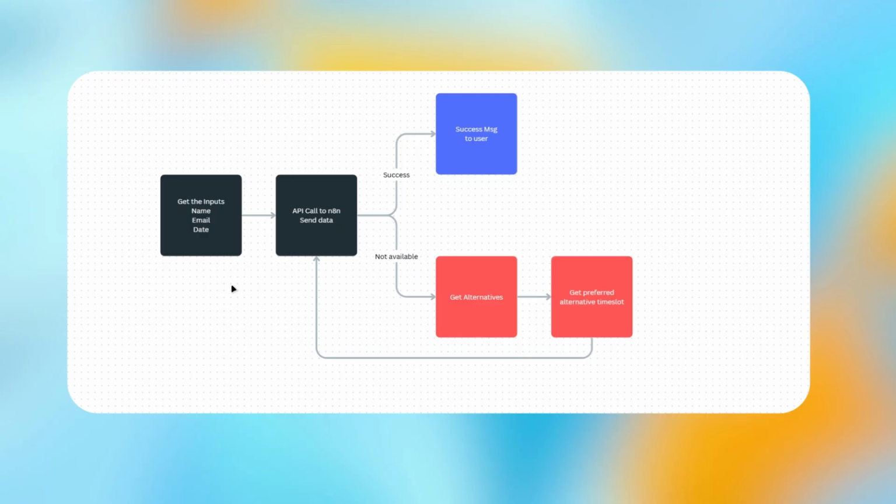After collecting those data, we are going to call the n8n API. That means we are going to call the webhook that we created in the previous video, and we are going to send data over to n8n. Here, if the time slot is available, we'll get a success message back to Voiceflow.